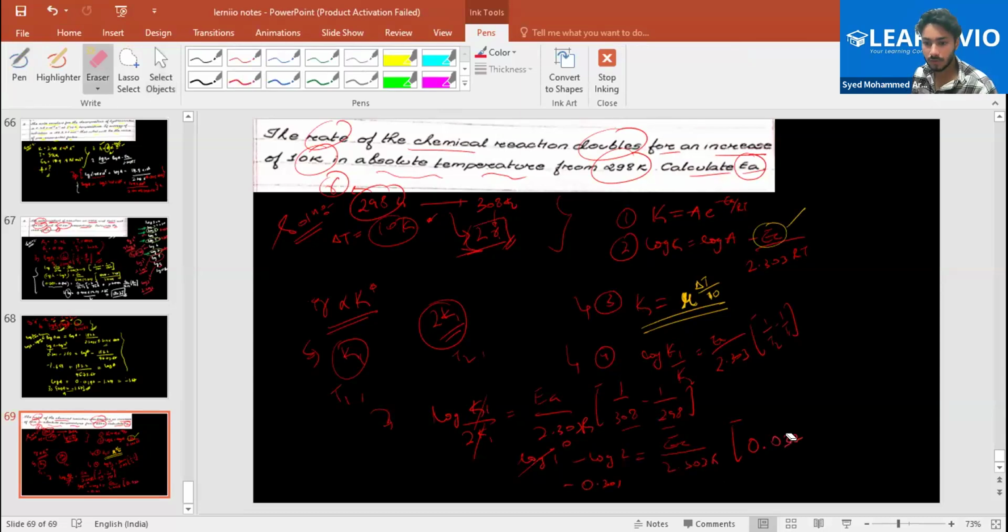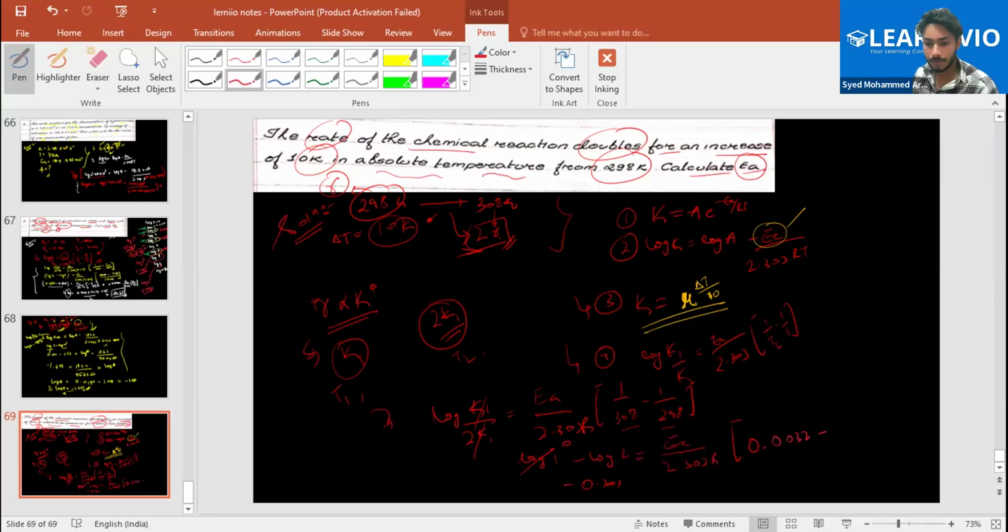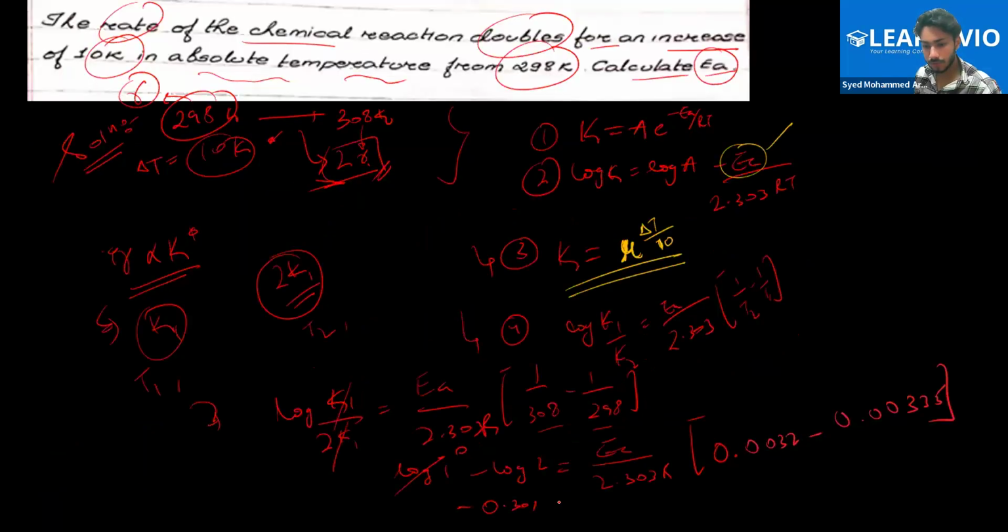Just one second. 0.00325 minus 1 upon 298, this one would be 0.00335. Okay, so this is it. Now you have to multiply this with 2.303 R and divide by this factor.